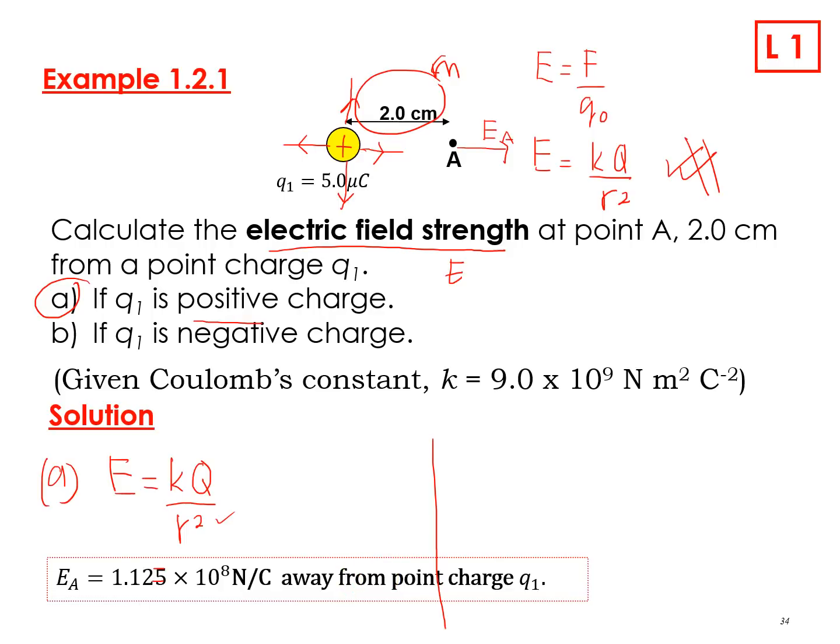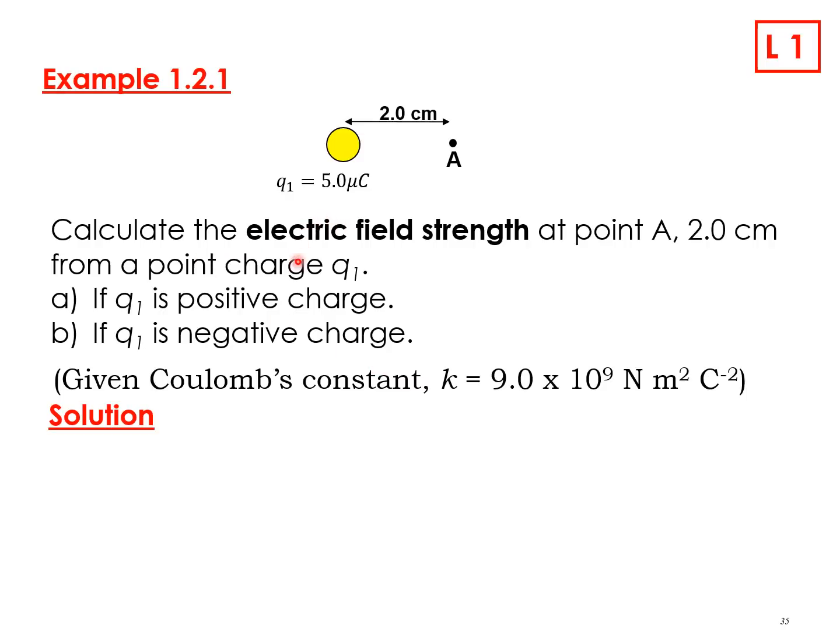You substitute the value without the sign, and then you will get the answer for the electric field at A, which is 1.12125 times 10 to the power of something, that is the magnitude. And this is the direction. How do you know the direction? The direction is away from point charge Q1.